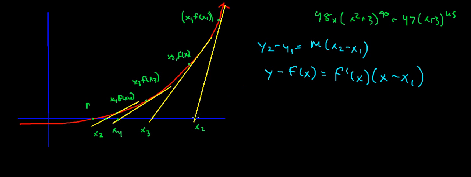Now the y, I'm going to know what that is because I'm looking for the point at which it intersects with the x-axis. So y is going to be equal to 0. So 0 minus f of x is equal to f prime, oh, this is x1, by the way, f prime of x1.